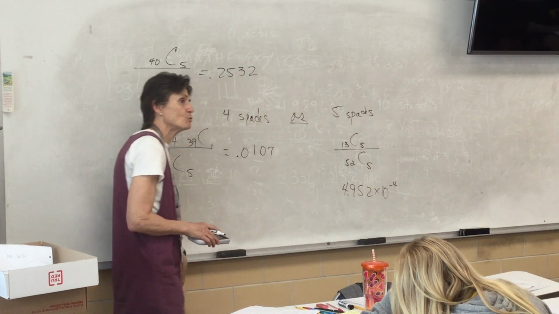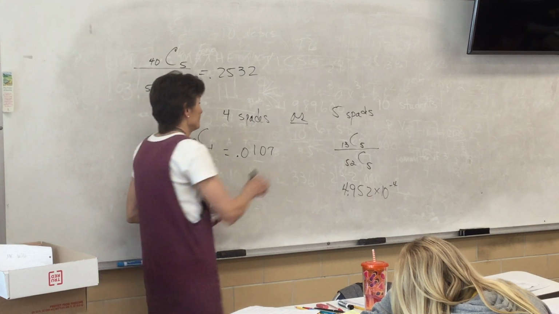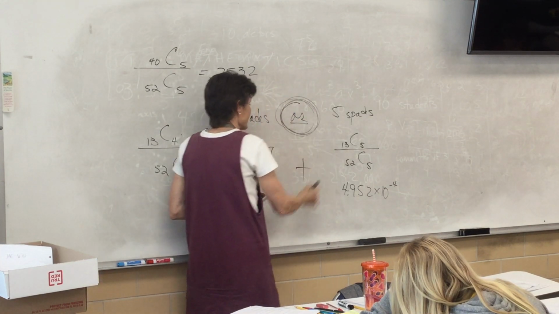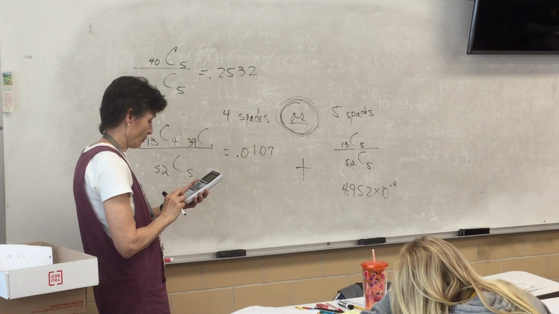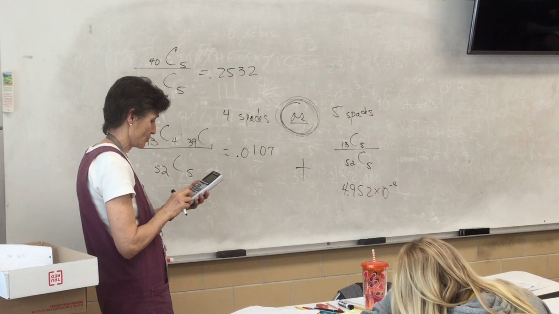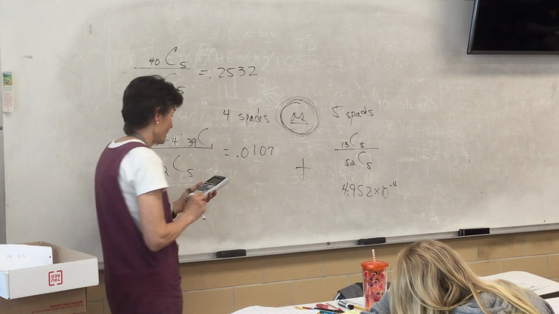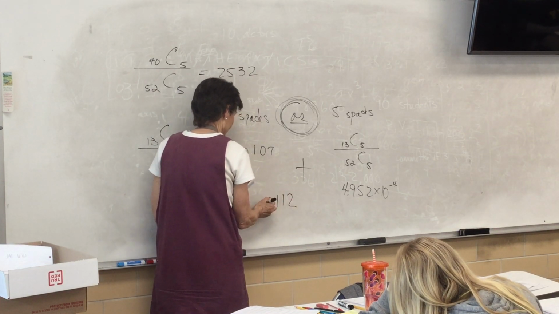What am I gonna do with those 2 numbers? Add them. See this right here? That always means add. So I'm gonna add 0.0107, and I got an answer of 0.0112.